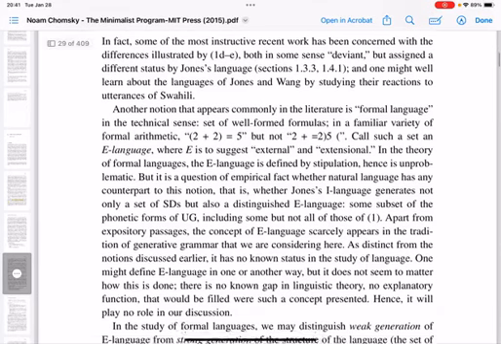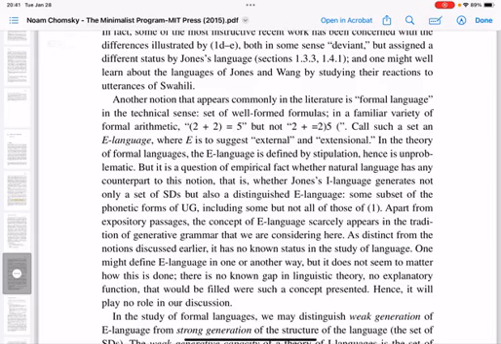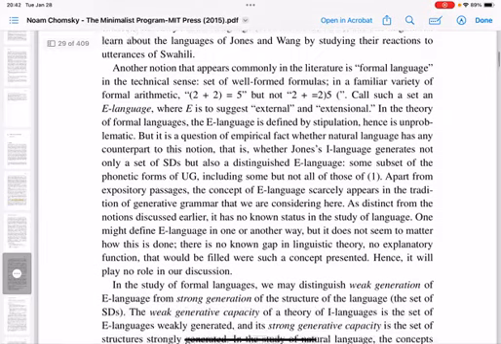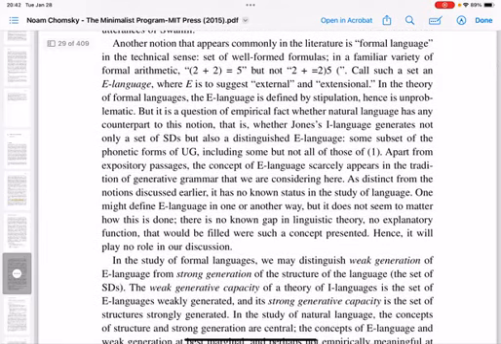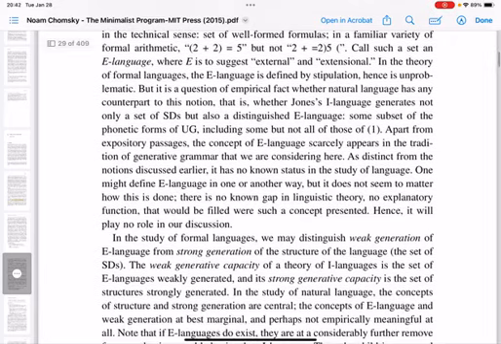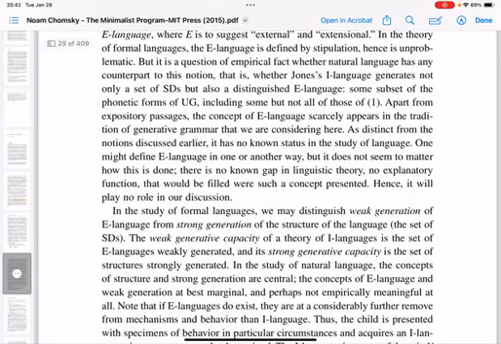But it is a question of empirical fact whether natural language has any counterpart to this notion. That is, whether Jones's I language generates not only a set of SDs, but also a distinguished E language, some subset of the phonetic forms of UG, including some but not all of those of the example. Apart from expository passages, the concept of E language scarcely appears in the tradition of generative grammar that we are considering here.